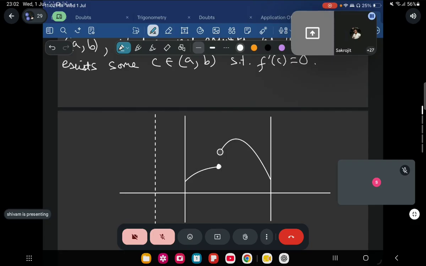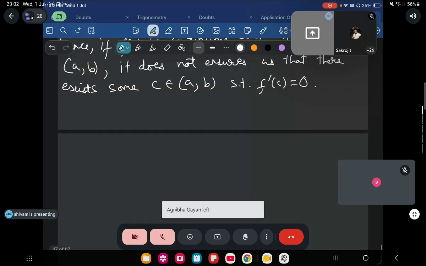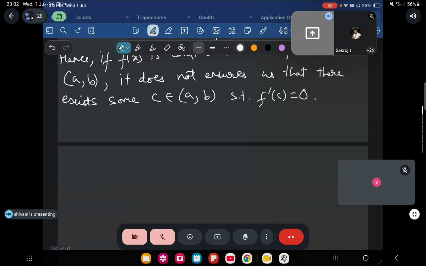But the function is not continuous. Understood, sir. Yes, the function is not continuous. So if it is not continuous, it is not differentiable also. Understood, yes.